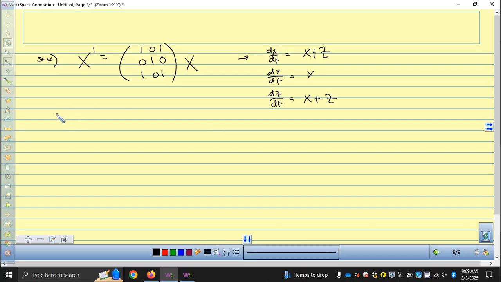So we need to find the eigenvalues. So we need to find the determinant of the matrix 1 minus lambda, 0, 1; 0, 1 minus lambda, 0; 1, 0, 1 minus lambda. And we need that to be 0.